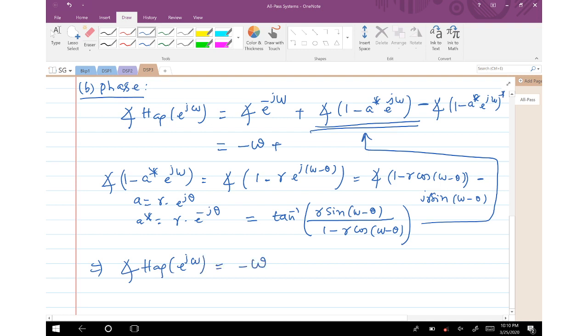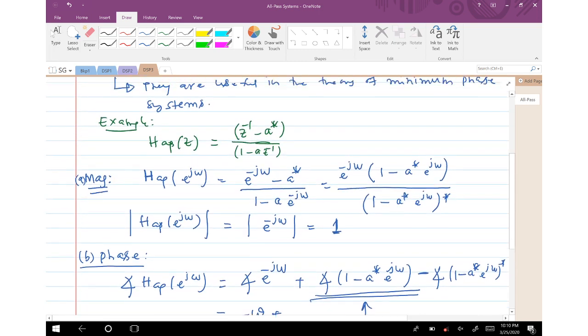Well, there is a minus, this angle would get negative, and minus of minus would become plus, so you would get minus omega plus 2 times tan inverse of r times sine of omega minus theta by 1 minus r times cos of omega minus theta. So that's the phase value, right?